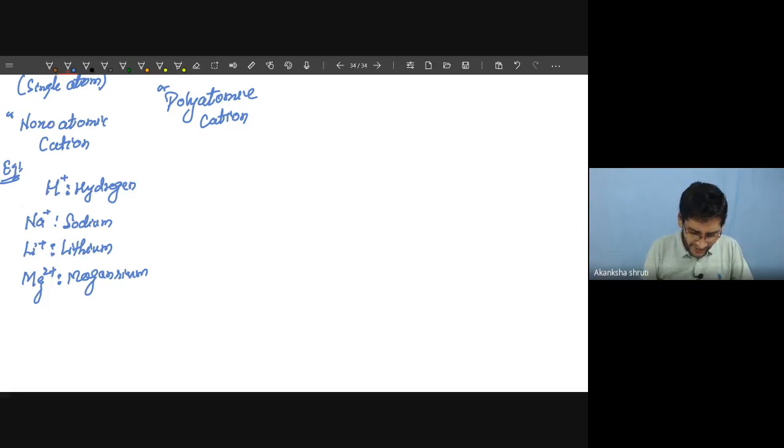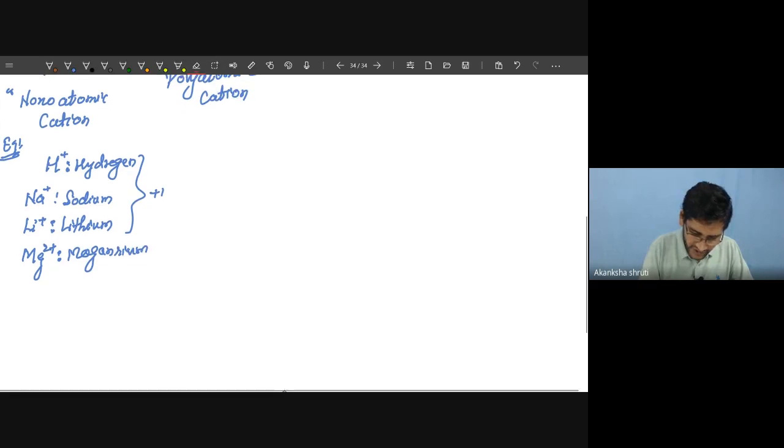Good student, let us write all these things. Here we are observing these are carrying 1 unit positive charge. Let me write one more for the 1 unit charge. Say potassium. How was potassium existing? K+. It is called potassium.